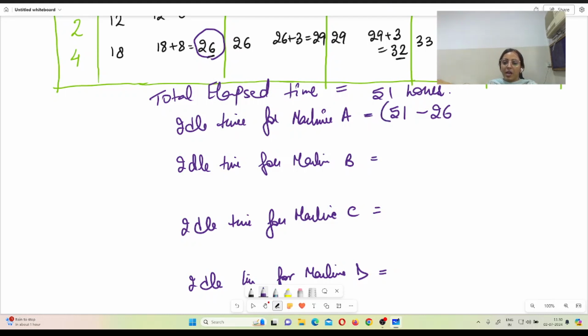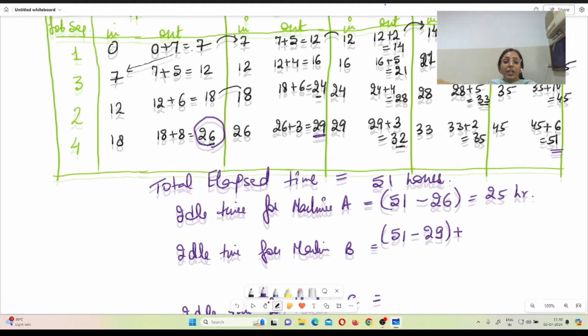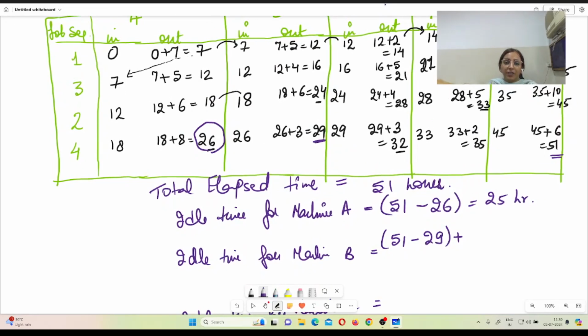So 51 minus 26, that is 25 hours, is the idle time for machine A. For machine B, if we check the in and out time, the out time is 29. We just subtract in the same way, 51 minus 29. But here we have to check one by one from the first job. It started working at 7.